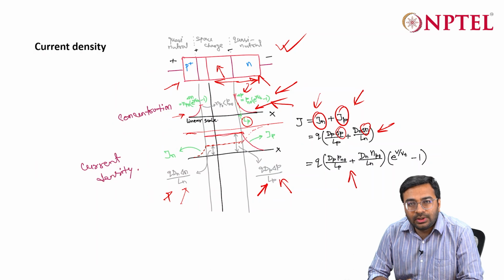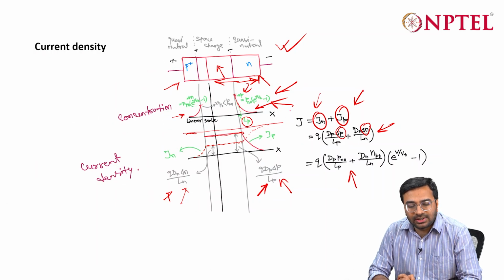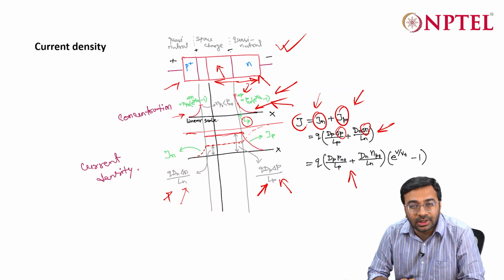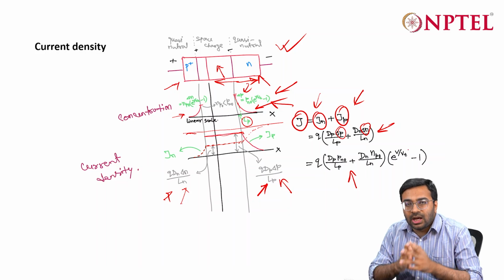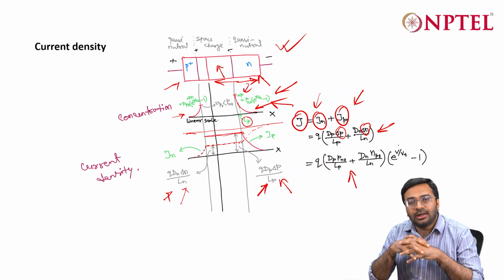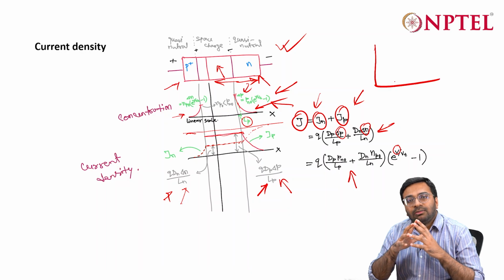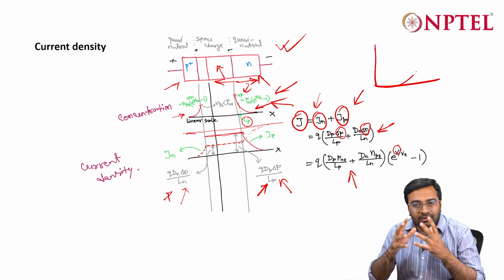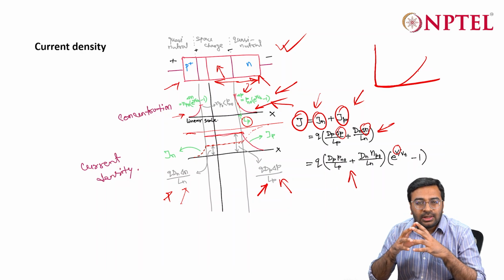Okay. So in this lecture, we have already discussed built-in electric field and built-in potential. We have seen how the plots look for built-in electric field and built-in potential. We have seen the origin of these two things, why we get a built-in electric field and why we get a built-in potential.